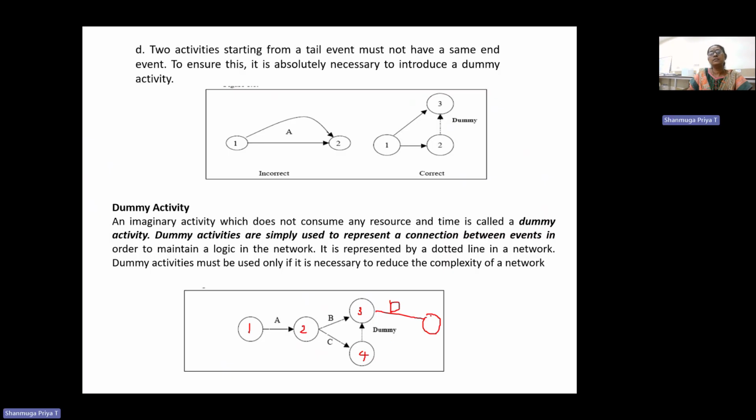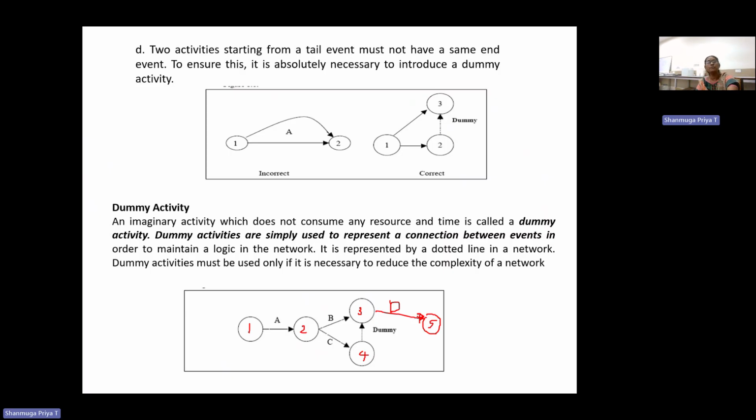Then 3, 4, and this will be 5. Once both activities are completed, I mention it with the arrow mark. So when A, B and C are completed, the D activity will start. This makes the network logical and is necessary to reduce the complexity of the network.